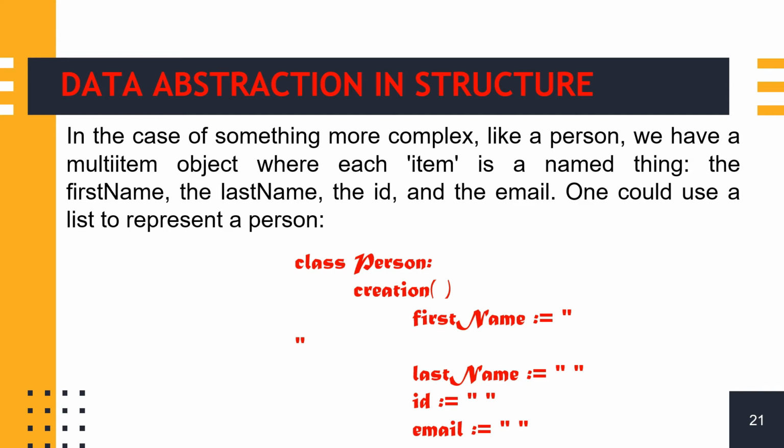Here, class person, creation: first name and then last name, ID equal to, email equal to, right?